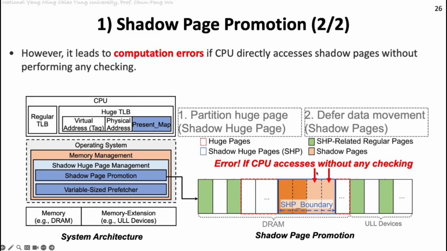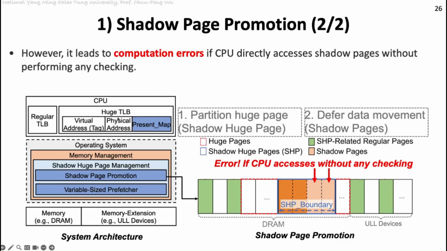These 4 bits can identify which location is not ready. For example, for the last 2 shadow pages, the data is still in the storage device, so the bit will not be set. With this support, the CPU can find which 4 KB patch is still in the storage device.